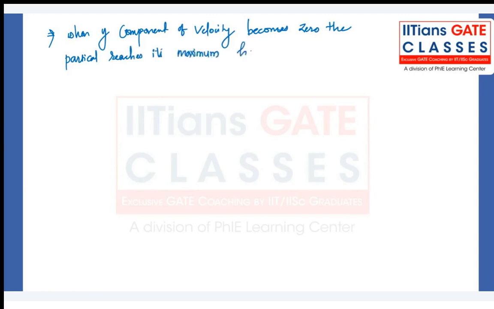So what I'm saying is, when the y component of the velocity becomes 0, the particle reaches its maximum height.